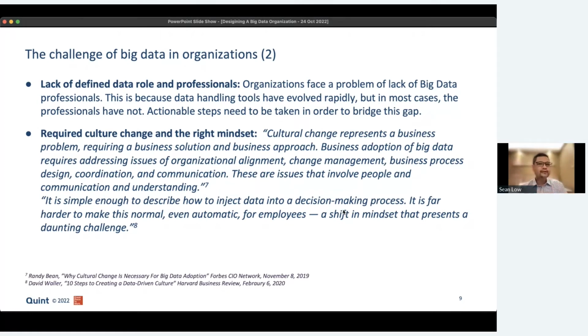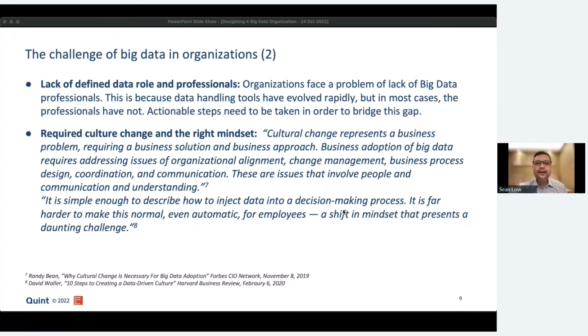Job titles can be given, like a senior data analyst, that's a job title. But what are the actual roles? What do these people actually do, and how do they contribute to helping you succeed with big data? We'll look at some of these common roles later on, and even consider a big data project manager type of role that focuses primarily on big data projects.